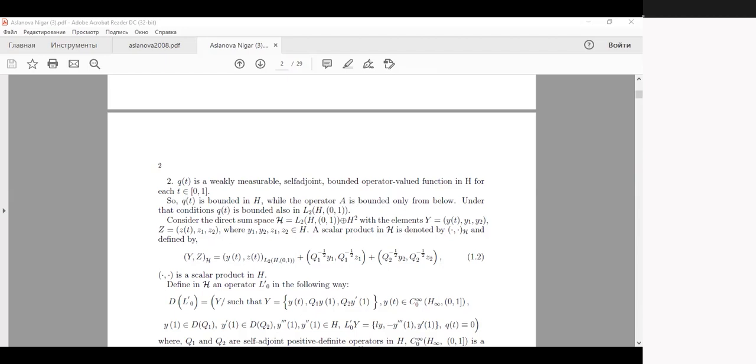Now you can write it in operator form like Ly equals lambda y. What do you mean by L? You mean the twice differentiation, and the domain is those functions y(t) for which all three of these conditions hold.